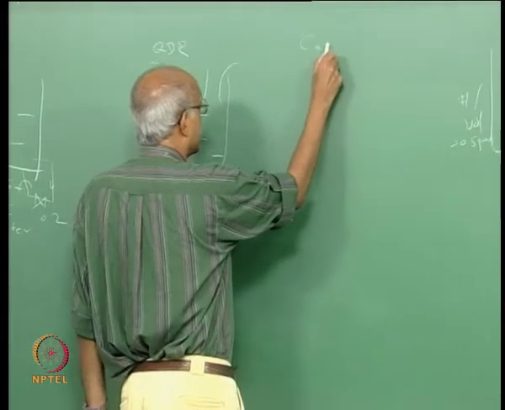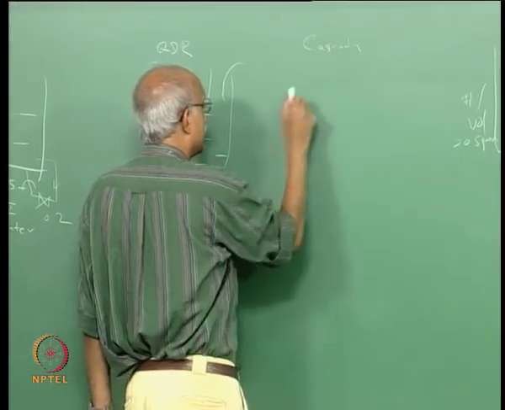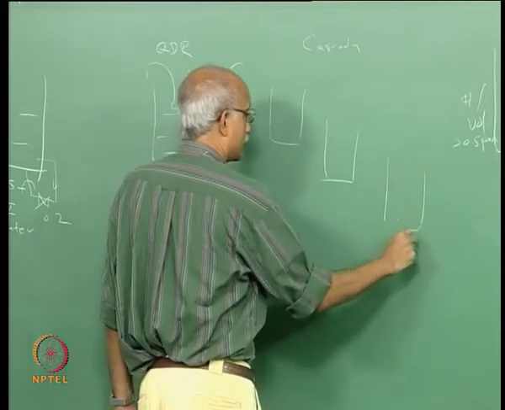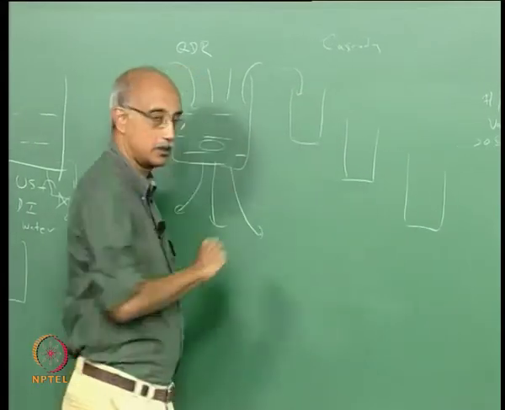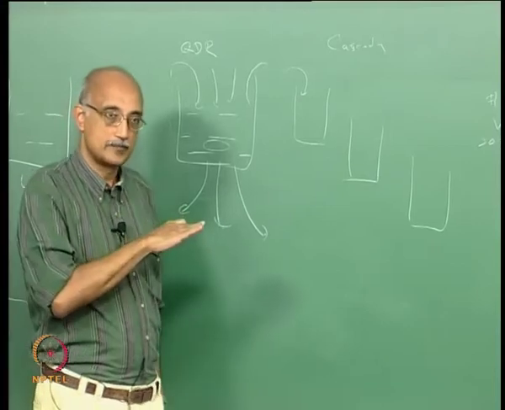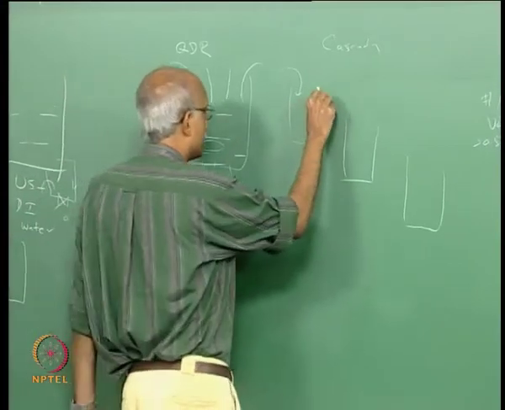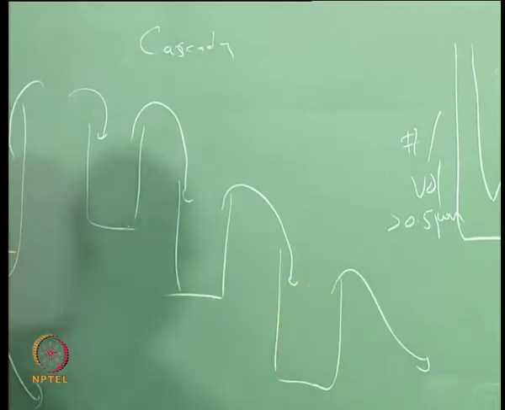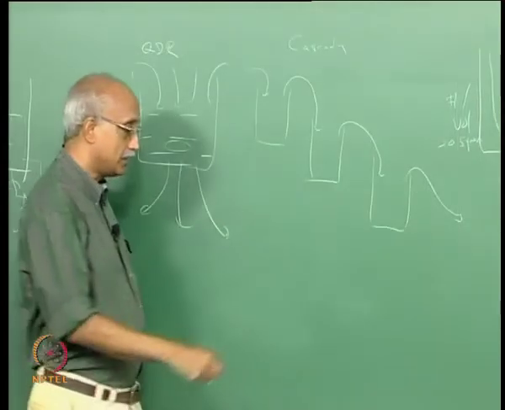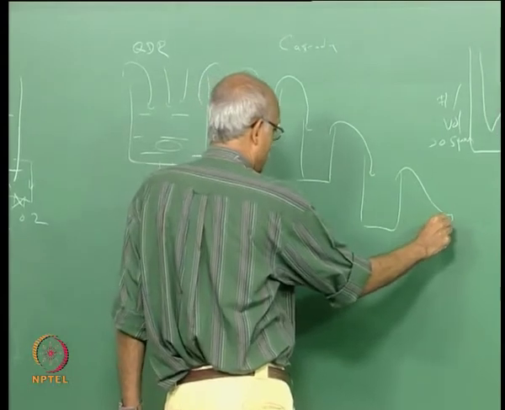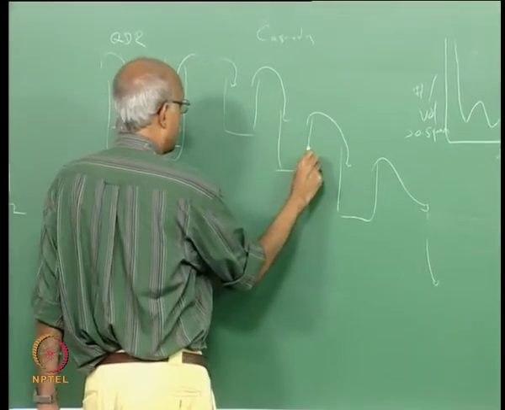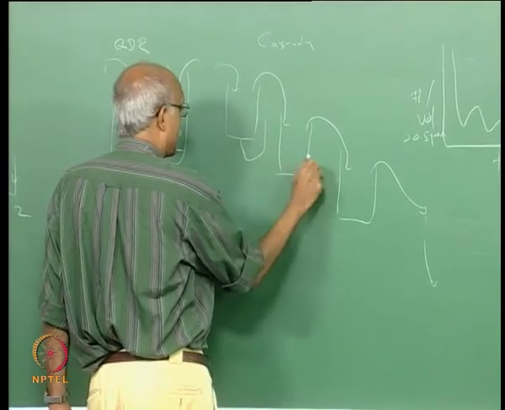A cascade, on the other hand, as the name suggests, is a series of tanks in which pure fresh water is introduced upstream. The discharge from this goes into the next tank, the discharge from this goes into the next tank, and so on. And the final water is discharged, but over here you have recycling as well.